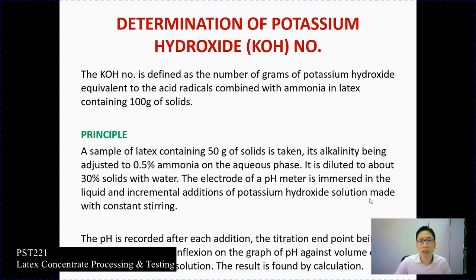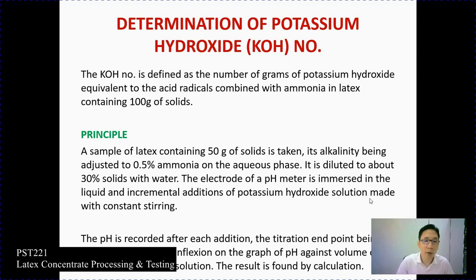It is then diluted to about 30% total solids with water. Then the electrode of the pH meter is immersed in the liquid and incremental additions of potassium hydroxide solution are made with constant stirring. So the whole process involves stirring. You don't need very fast stirring, only very mild but a constant rate of stirring.